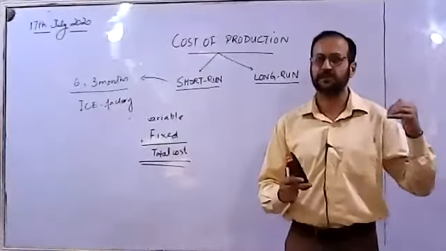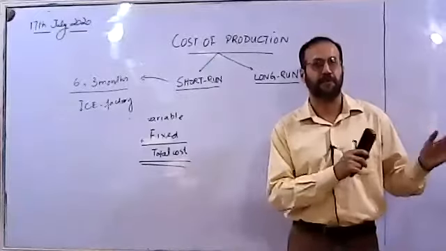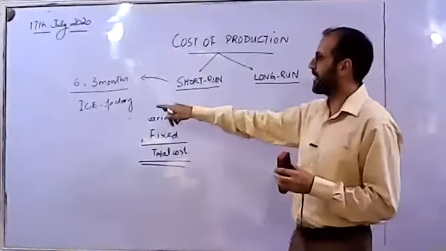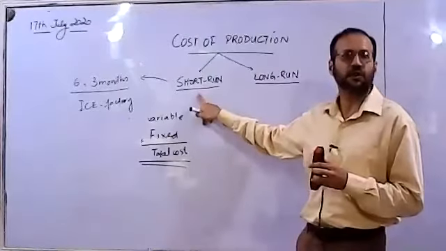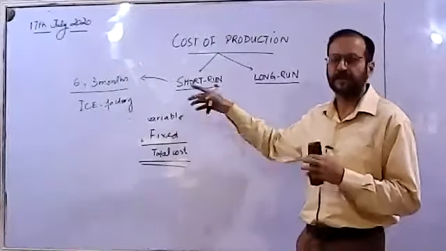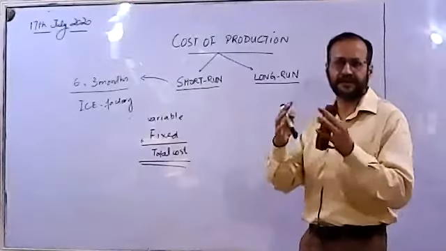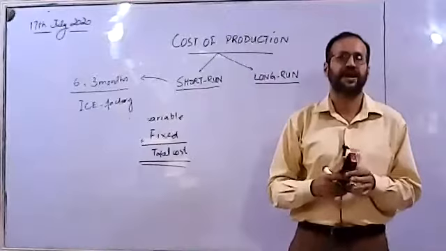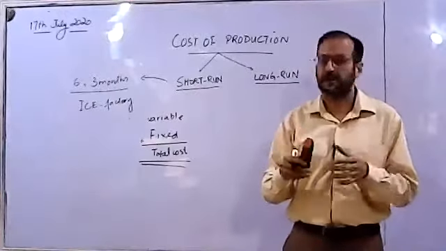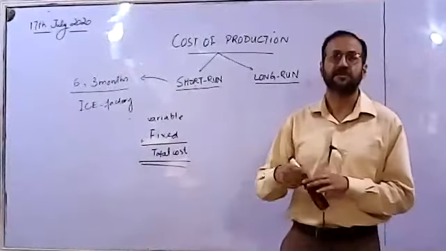So the production might slow down, or maybe it will not take place. That means the ice factory falls in the short run production. It will produce for a certain time. Can you guess how much? Maybe 3 months or maybe 6 months, especially when the weather is so hot. In the hot weather, this is something which is demanded.